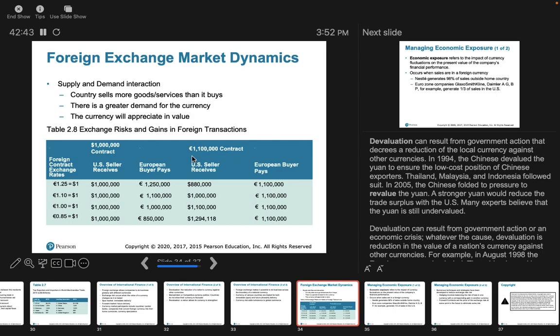Hence, it's able to cover for what it had spent. When it comes to trading, in your pricing, you try to cover up the margin, okay? You try to cover up the margin of making profit. The selling price will definitely be higher than what you've used for the production cost.